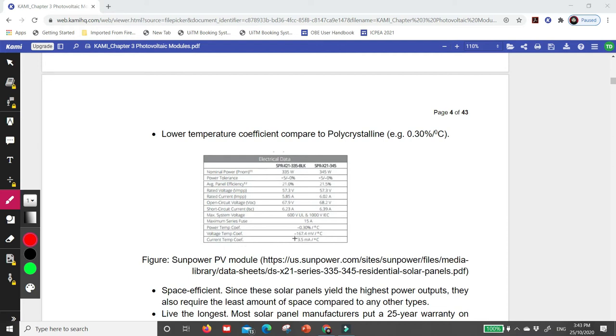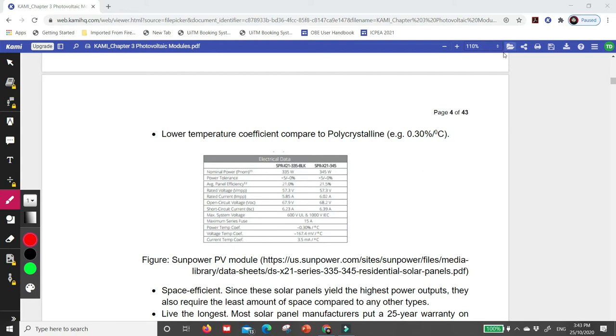That's why you have a positive or no minus symbol here. So every 1 degree Celsius, the current will increase by 3.5 milliampere. This temperature coefficient is good compared to polycrystalline, which means when the temperature increases, the reduction of the power and the voltage is less than in a polycrystalline PV module.